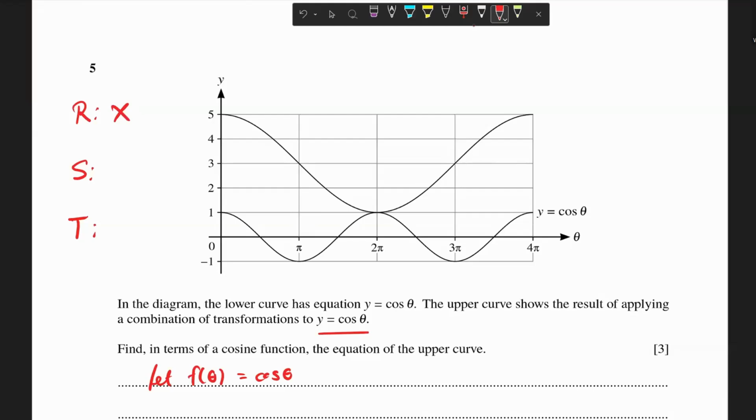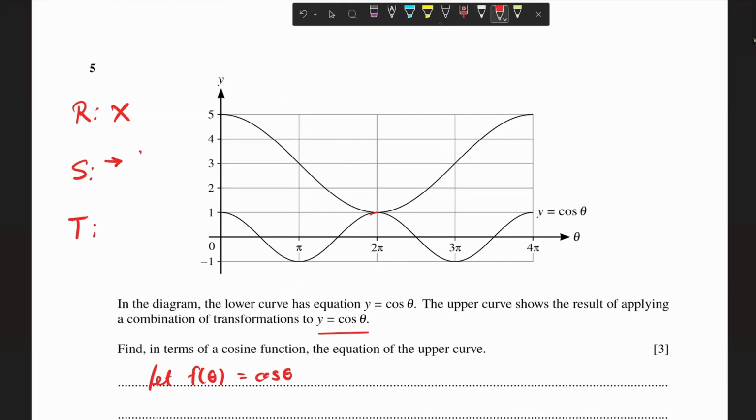Then there are obviously some horizontal stretches going on. If you look at the original graph, it appears to have been stretched. It has a period of 2 pi, but the other graph has a period double that, which is 4 pi, which means there's a stretch of factor 2. So horizontally, there's a stretch of factor 2.